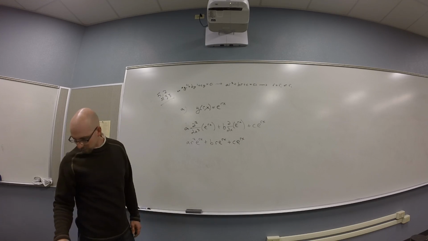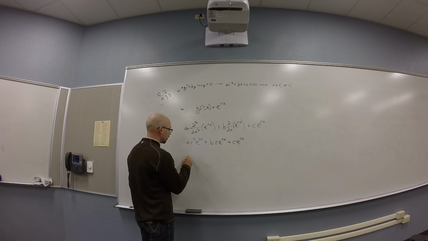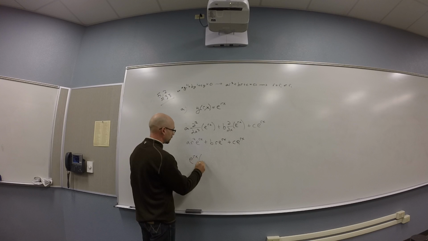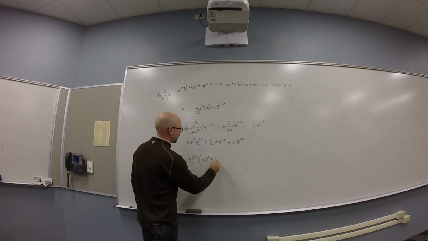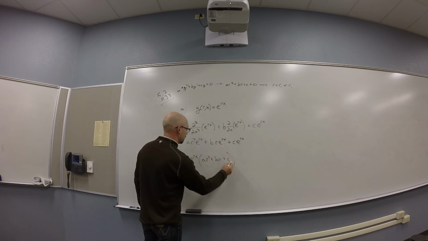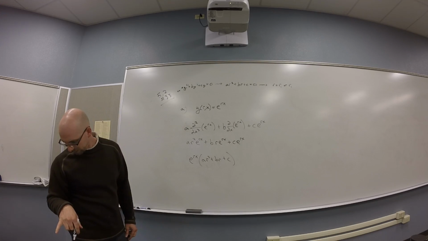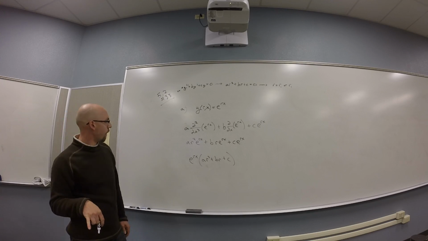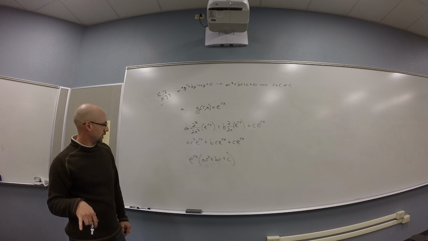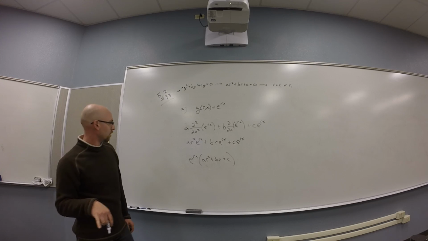Okay, so this is e to the rx times ar squared plus br plus c. And you know it's repeated.